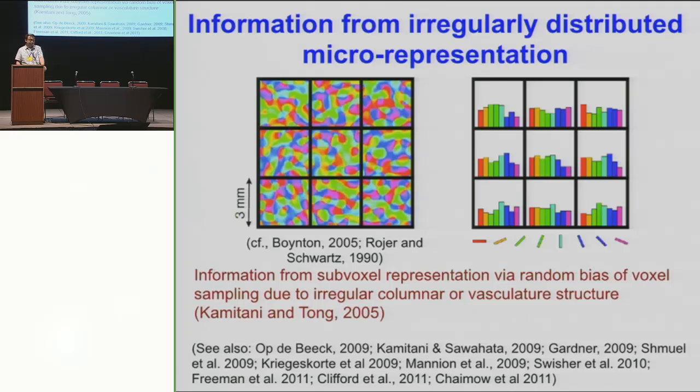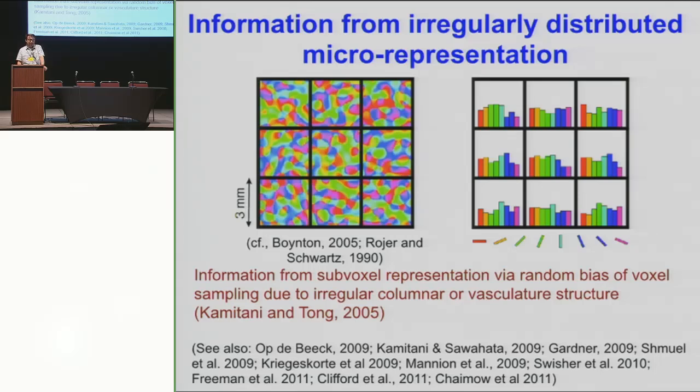The left figure shows the orientation columns in color, and the 3x3 grid is the approximate size of standard fMRI voxels. Although now people are developing much higher resolution imaging, it's still common practice to use this size of voxels. Okay? So using these big voxels, you can never visualize the columns.